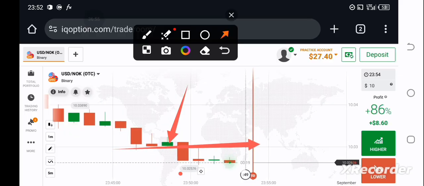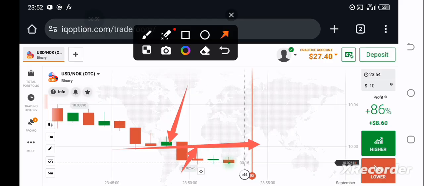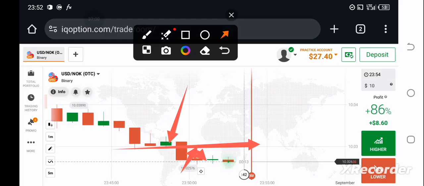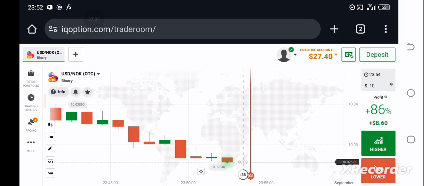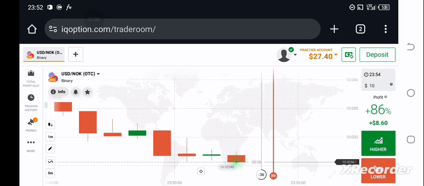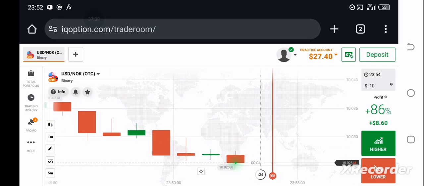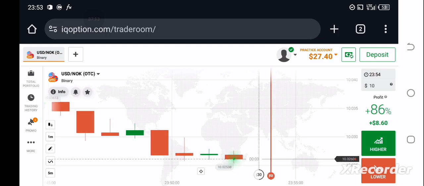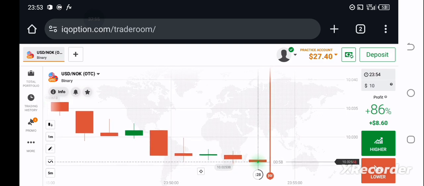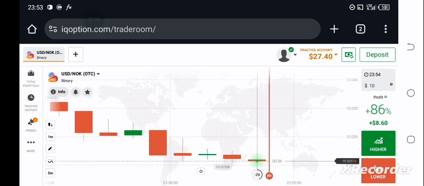So as the market pushes up and hits that level, you can open a position with sellers and then allow it to go down within the first 30 seconds. But if the market doesn't get to that level within the first 30 seconds, then there's no opportunity there. You can ignore that trade.